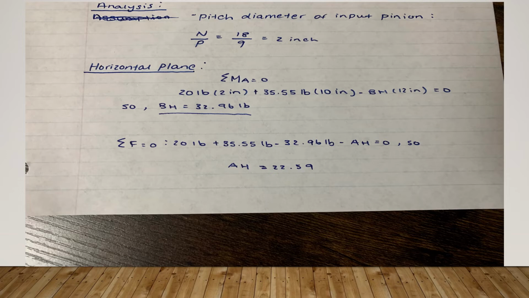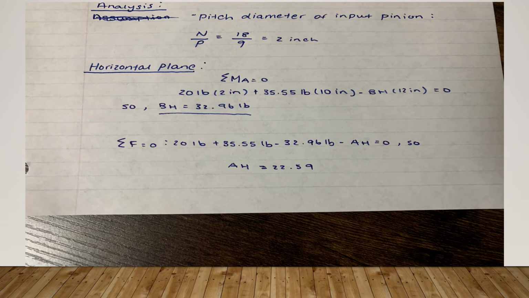So we're going to do 20 pounds times the pitch diameter, which is 2 inches, plus 35.55 pounds times 10 inches, minus BH times 12 inches, which is equal to 0. When you isolate the equation to find BH, you're going to get that BH is equal to 32.96 pounds.